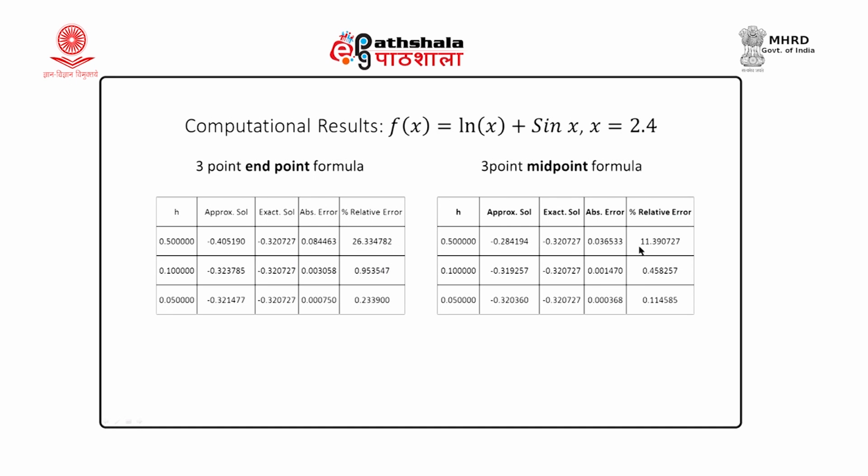Relative error 11.39%, 0.458257, 0.3339. So, for this midpoint formula, the percent relative error is also less than half, and the absolute error is also less than half of the absolute error in the case of the endpoint formulas. So, the midpoint formula is working better and with less effort, only 2 function values we are using.